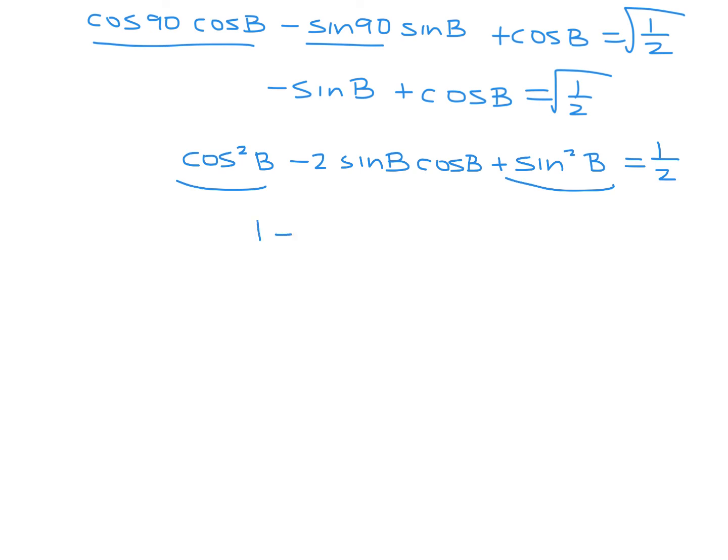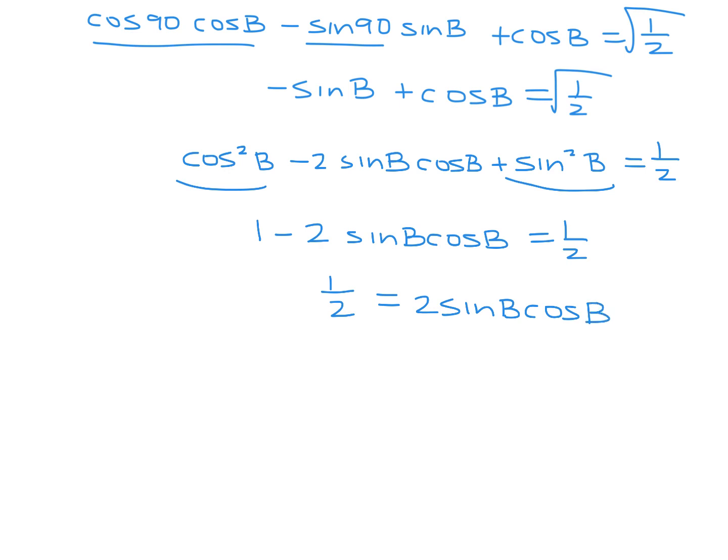So that's 1 minus 2 sine B cos B is equal to a half. All right, we're getting somewhere here. Let's put everything on one side. So this becomes 1/2. This becomes 2 sine B cos B. And now if you remember the double angle identity, this, in a very nice way, becomes this, sine of 2B. That's the double angle trig identity, and that's a half.